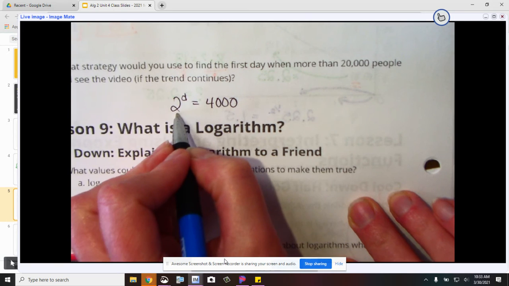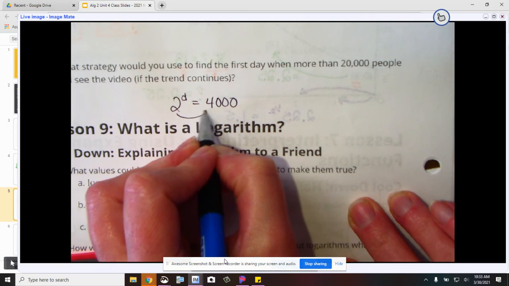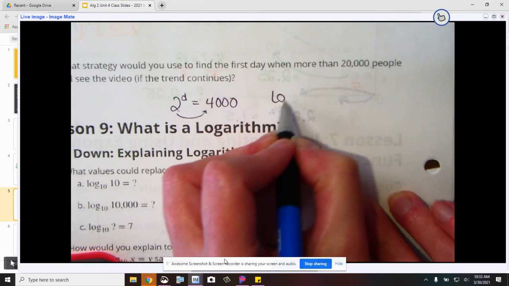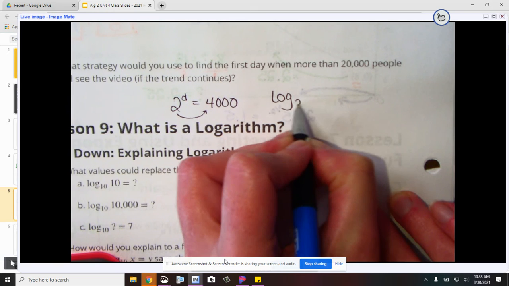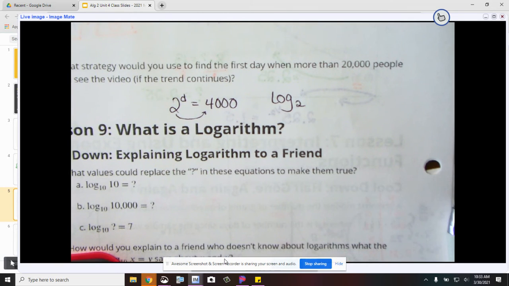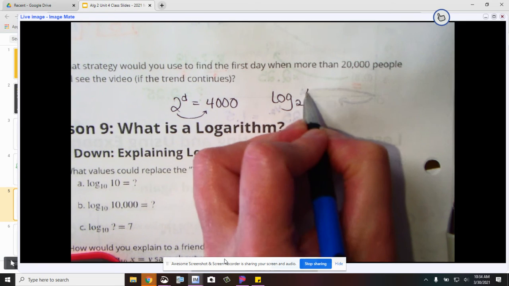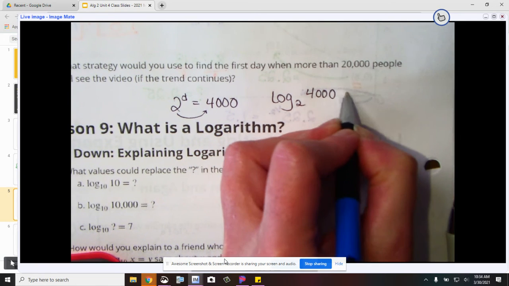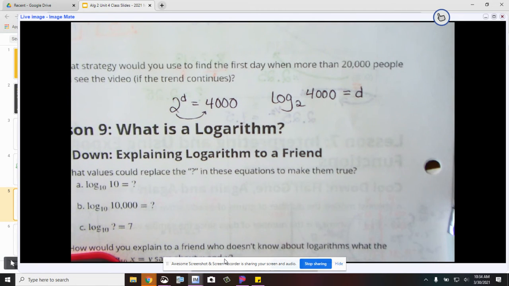So if we bring that base 2 to the other side, it would add a log to it. That's the process that we're doing. Log base 2 of 4,000 would actually get our exponent all by itself.